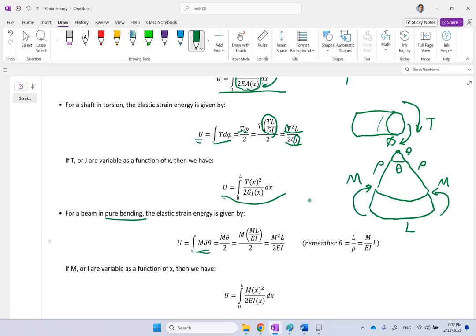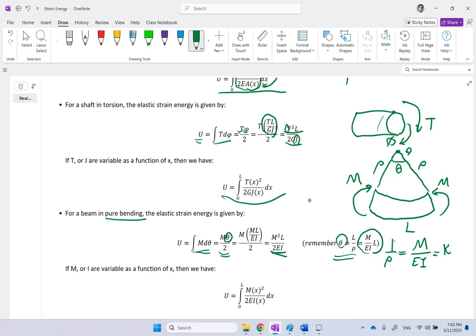Since M is constant, you bring it out, and it's a linear relation, so it's going to be Mθ over 2. Now, theta, remember, in pure bending was L over rho, and 1 over rho, in bending, was M over EI, or it was K, kappa. So look back at the videos, you're going to find it. So just multiply it by L. That is going to be the total angle, right? And here multiplied and simplified, you're going to get M squared L over 2EI.